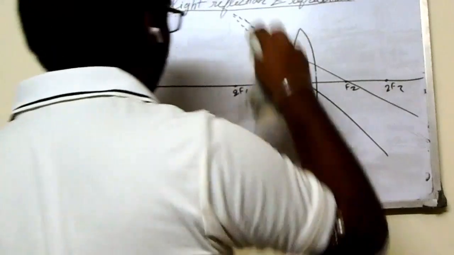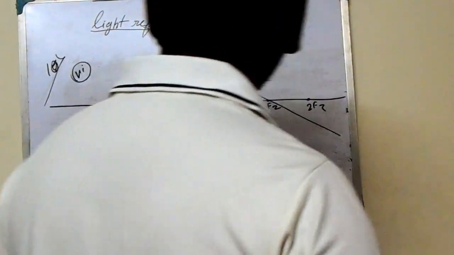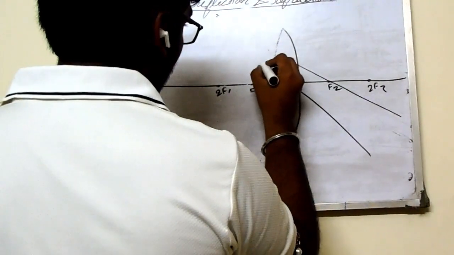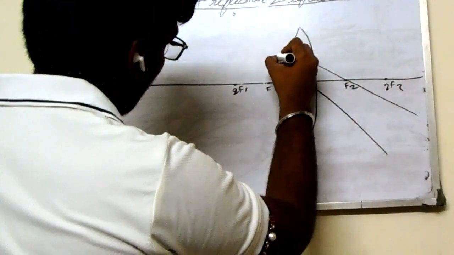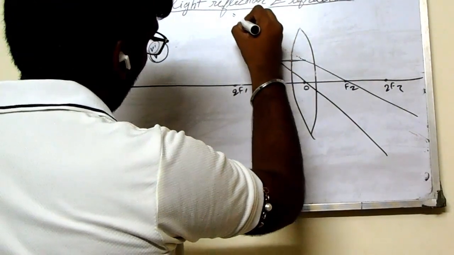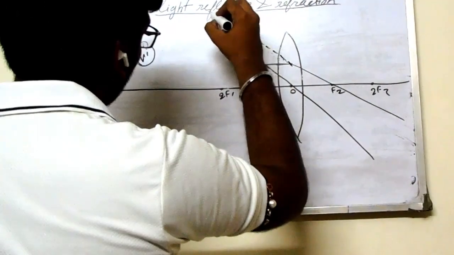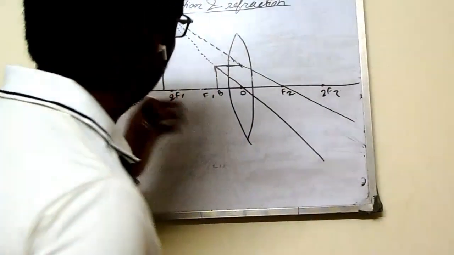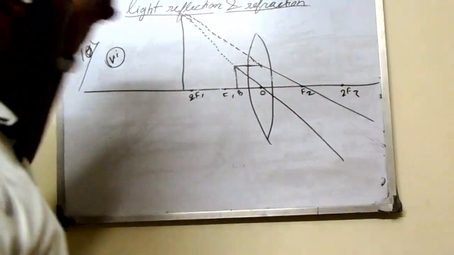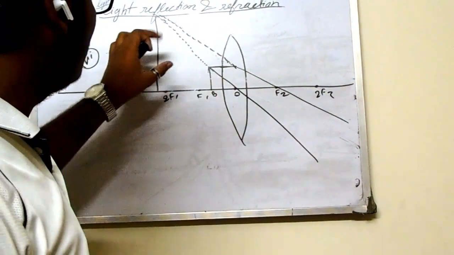So image is forming beyond 2f1. It is highly enlarged.